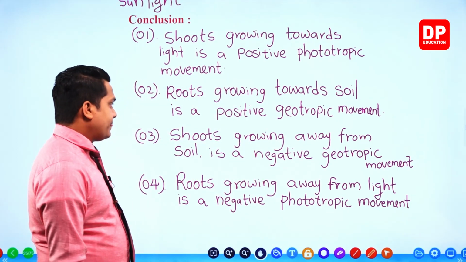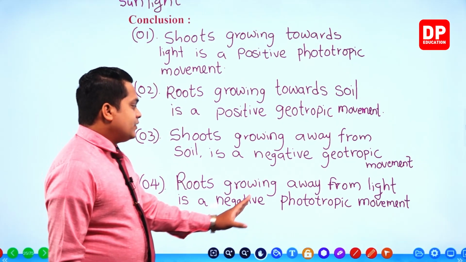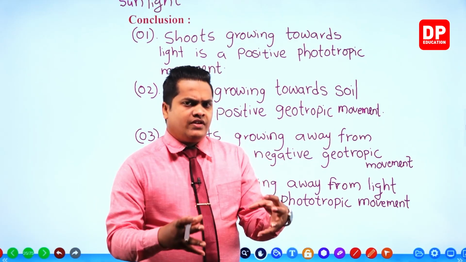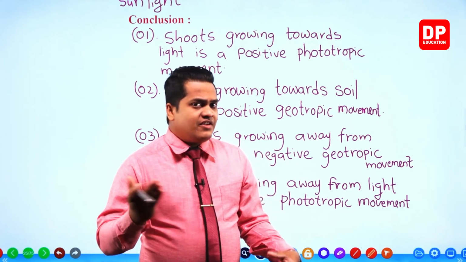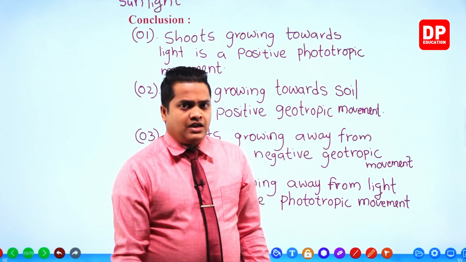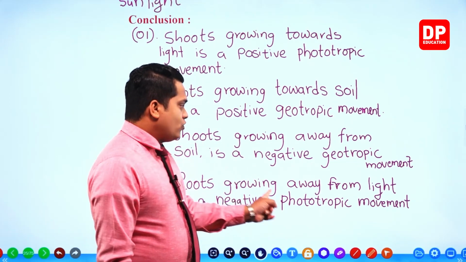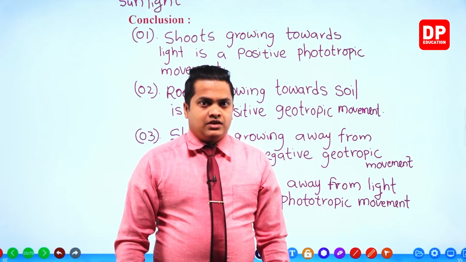Next one, roots growing away from light is a negative phototrophic movement. So we also know that the roots are always growing towards the soil, away from the light, away from the sunlight. So therefore, growth of roots can be taken as negative phototrophic movements.